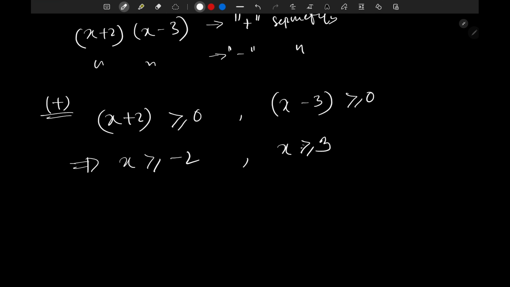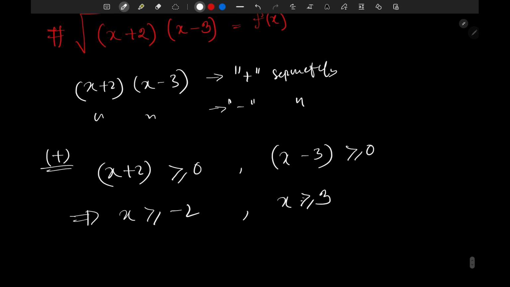Again, if you take x greater than or equal to positive 3, both of them are positive always. Because you can just take any number that is greater than negative 2. Let's say you take negative 1, you can see x minus 3 is minus 4. So if you take negative 1, x minus 3 becomes negative, right? But if you take x as something greater than positive 3, let's say 4, you see both of them are positive. So this is the stronger condition over here.